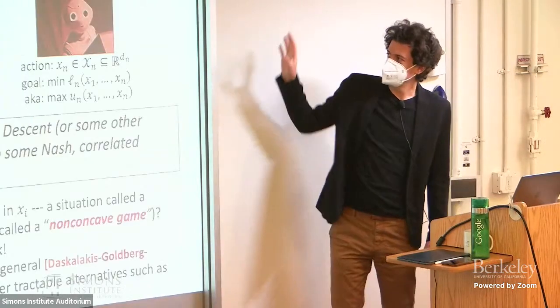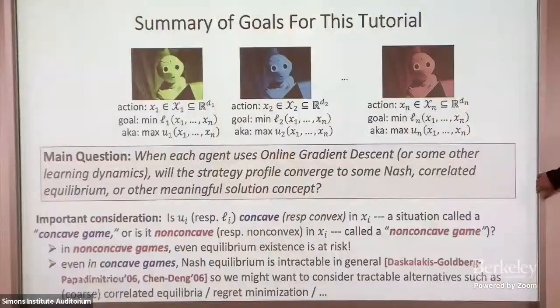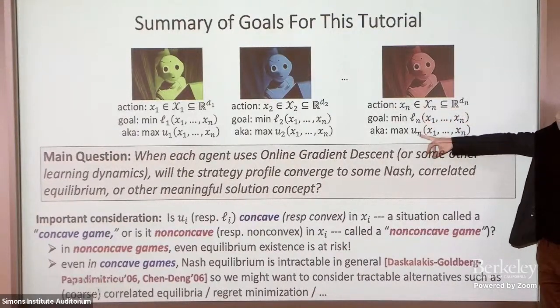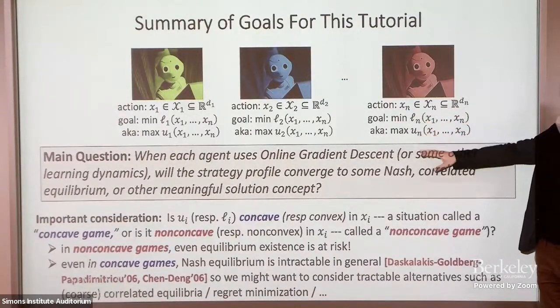So just to remind you the thread of the whole tutorial, I'm going to be thinking about, in general, multiplayer games and simultaneous decisions made by these n players. Each player has their own loss function, or equivalently utility function.